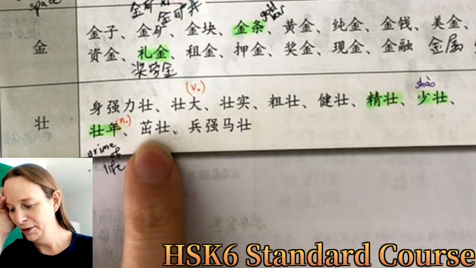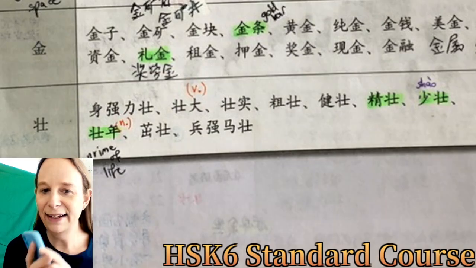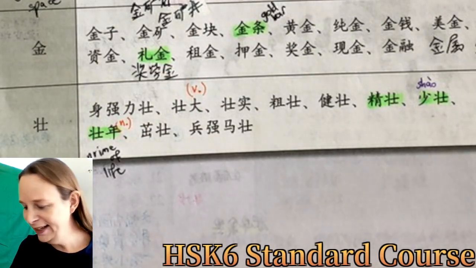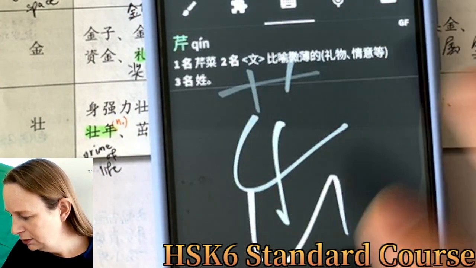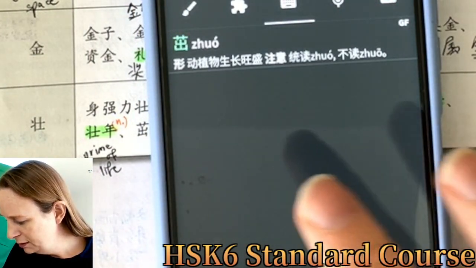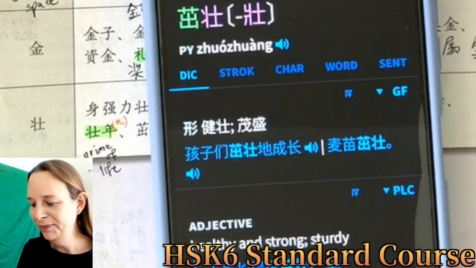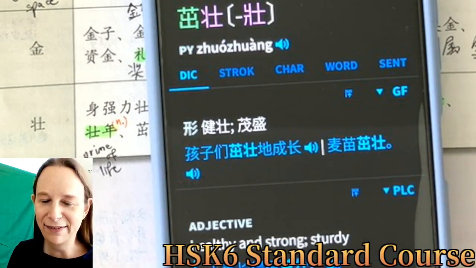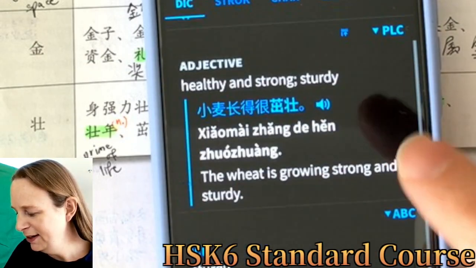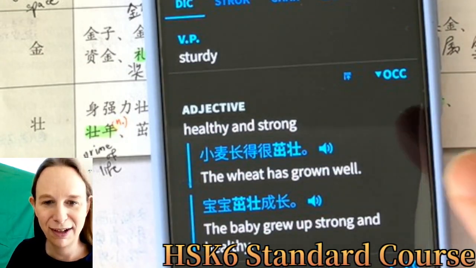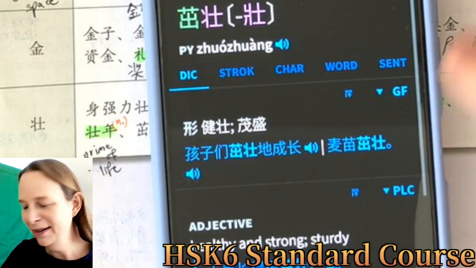Okay, so this one, I think it's like 茁壮 or something like that. It's not an HSK character. 茁壮. Yeah. In my reading, I've seen this character. I just have never bothered to learn it because I can get the meaning from strong, from 壮. I know it exists.